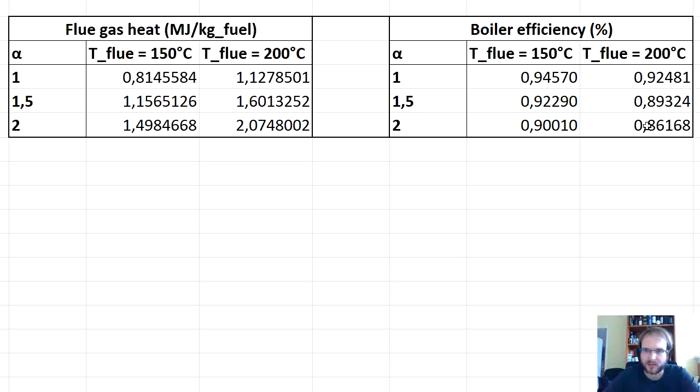If we increase the temperature of the flue gas outlet, of course more heat goes wasted and efficiency decreases, in our case down to 86%.